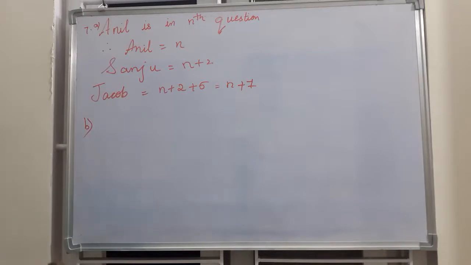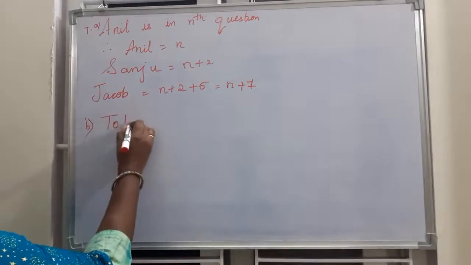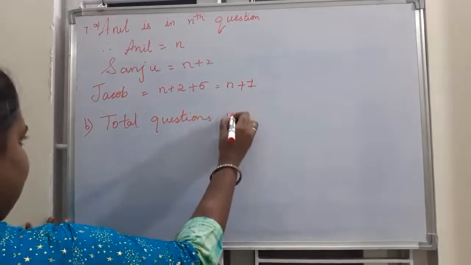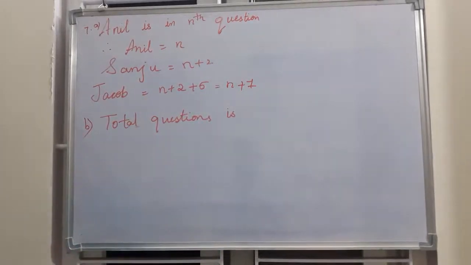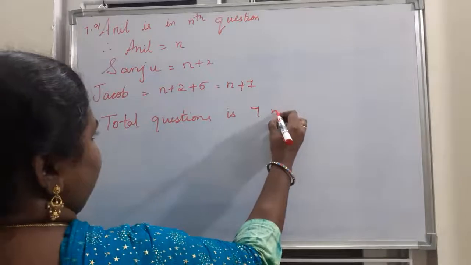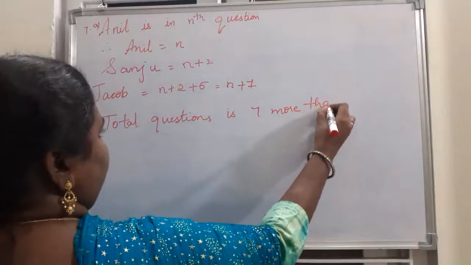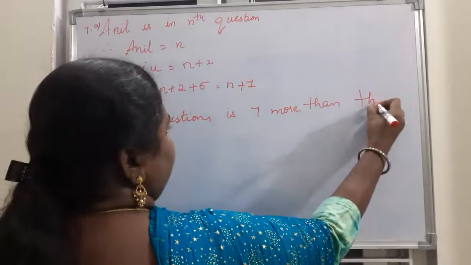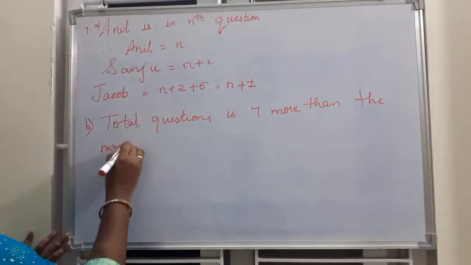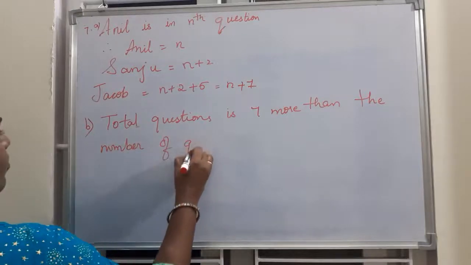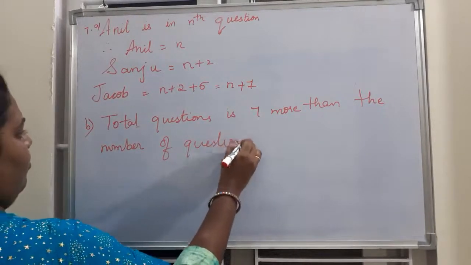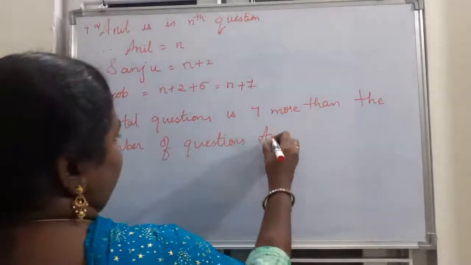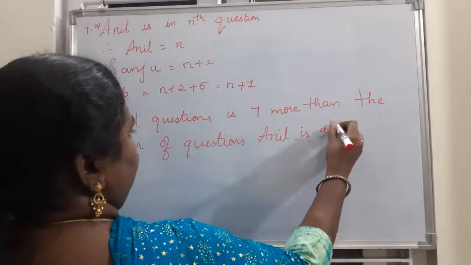So, the total questions is 7 more than the number of questions Anil is attempting. So, Anil is attempting.